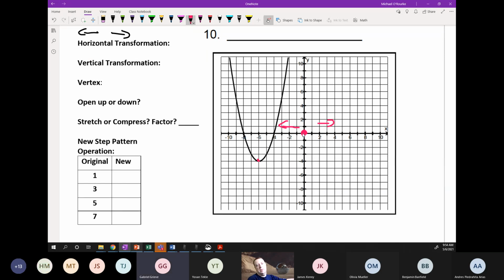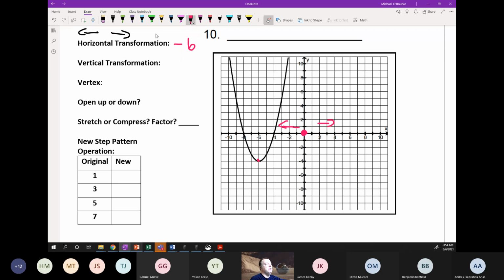Okay, so it's 5. No, -6. Oh, that's 6, I thought that was a 5. Sorry. That's fine, it's tough looking off a screen. So it's -6 is my horizontal transformation. Haley, I agree with you, but not quite yet. I understand what you're thinking.